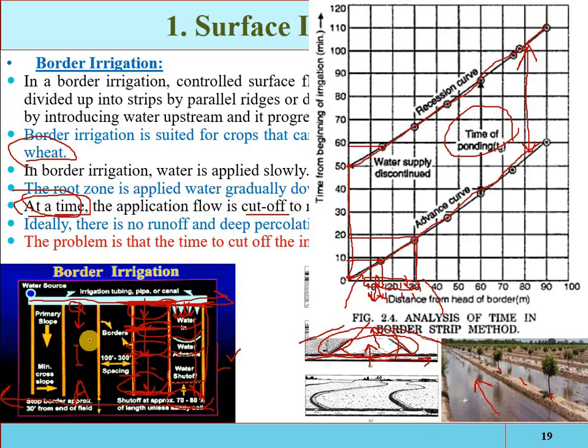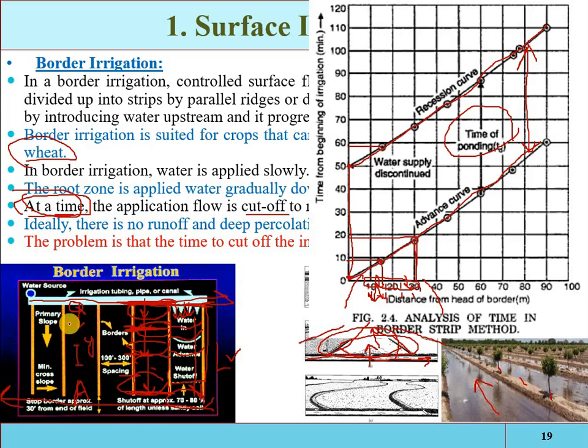Y is the depth of the flowing water, meaning the water flowing in sheet form within the strip, the average depth of the sheet of flowing water, in meters.